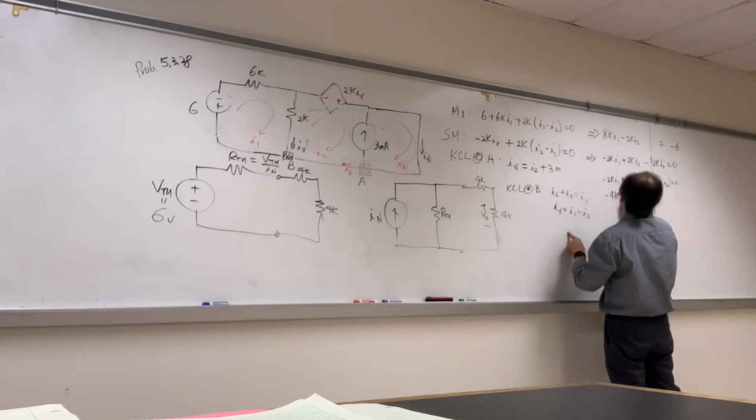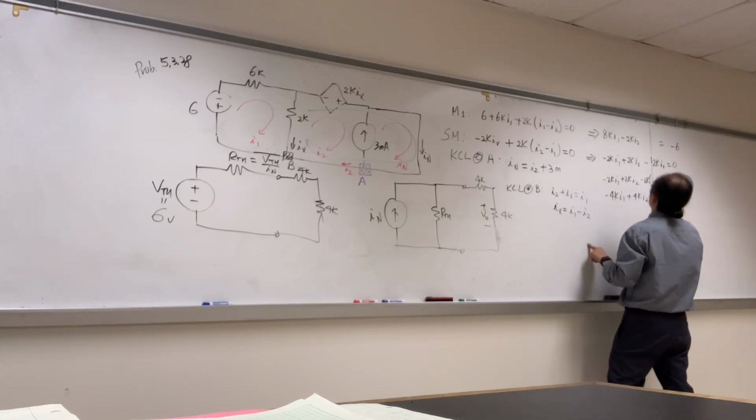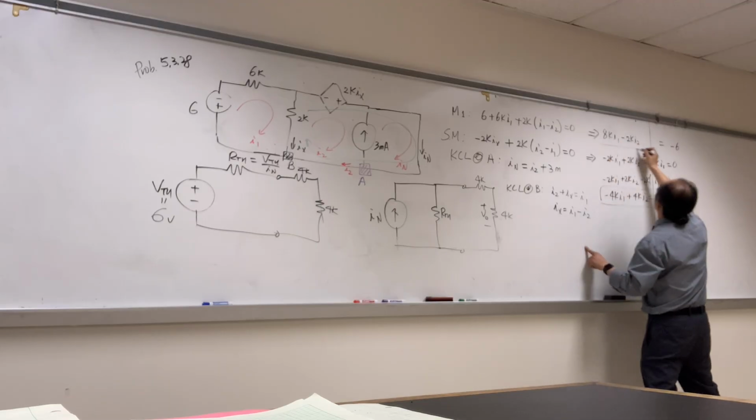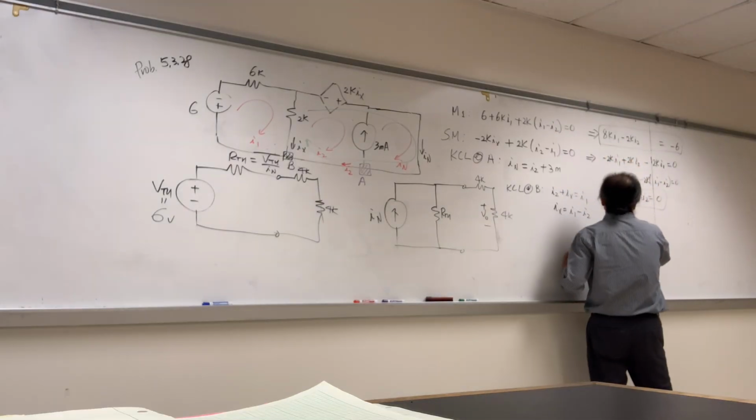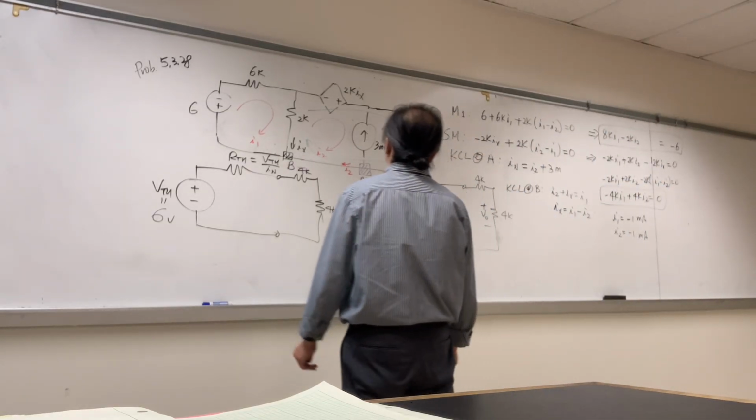Negative 4K I sub 1 plus 4K I sub 2 equals 0. So now we have two equations and two unknowns. Using the calculator, I1 is negative 1 and I2 is negative 1.